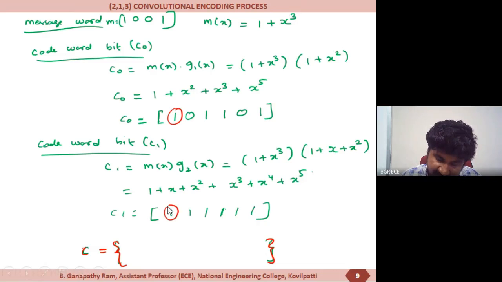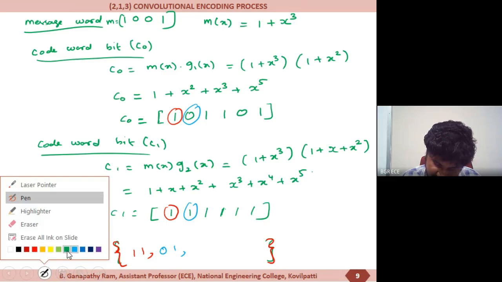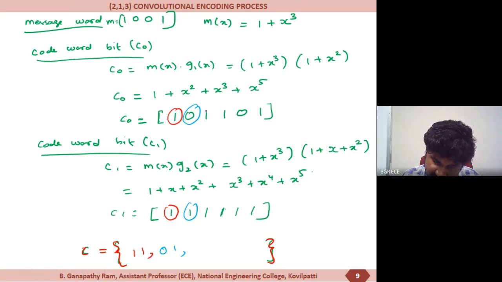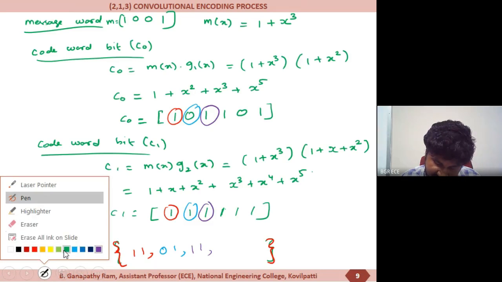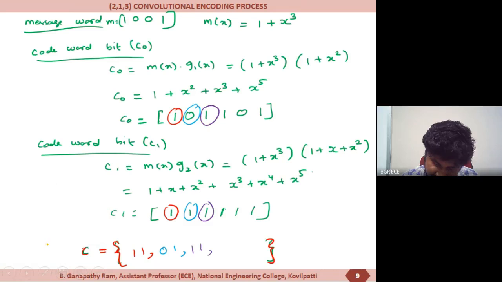Now the code word will be generated by taking the corresponding 2 bits like this: 1 1, then 0 1, the next at the third time slot 1 1, and at the fourth time slot, it will be selected and it will be going on like this.